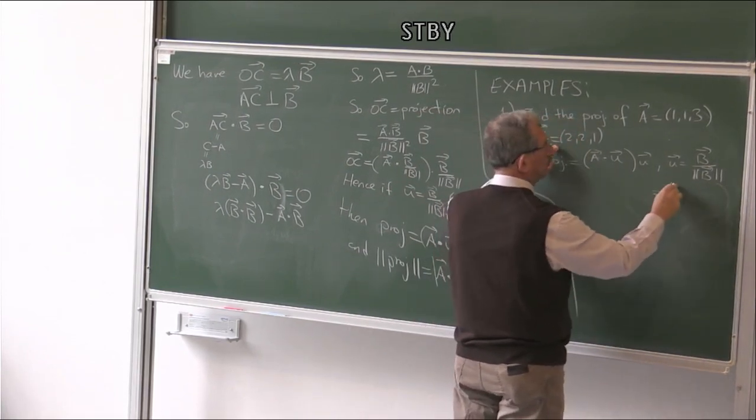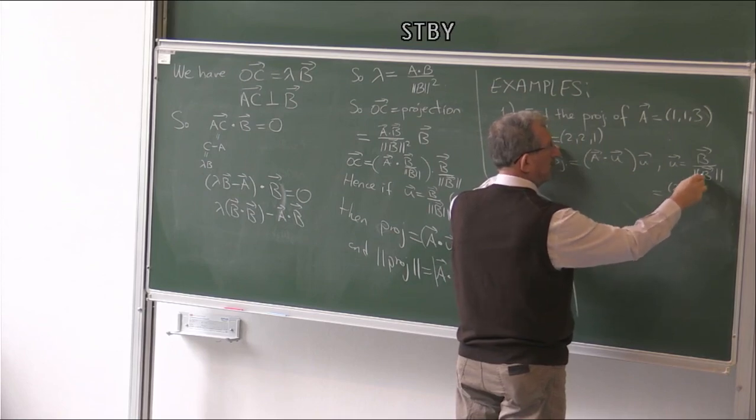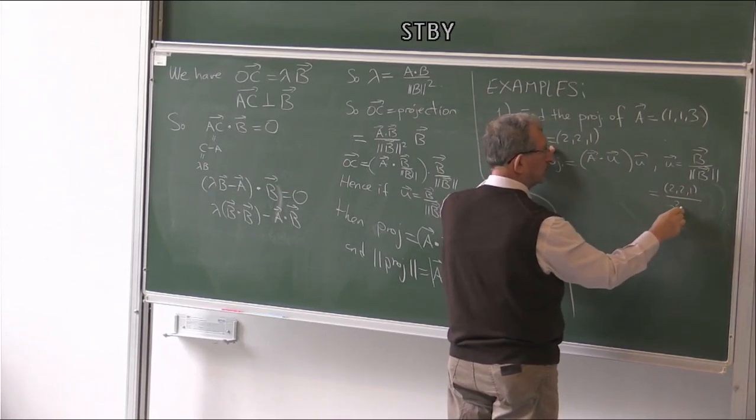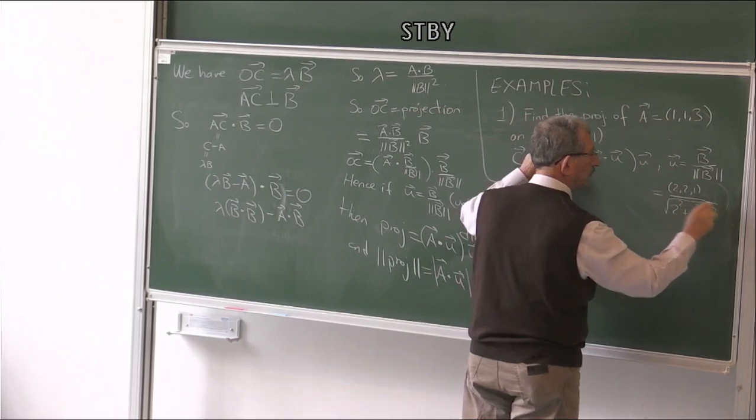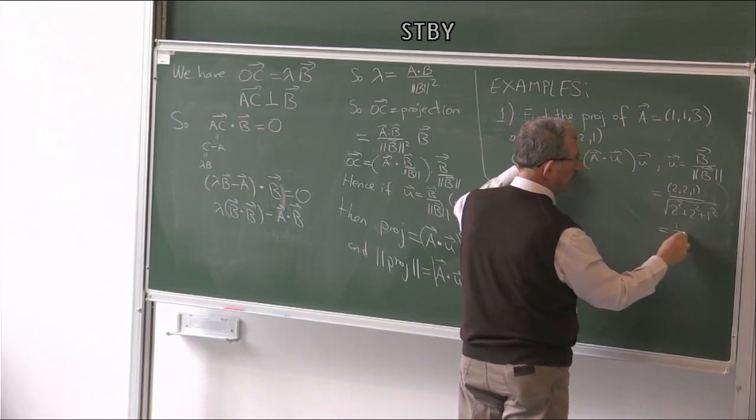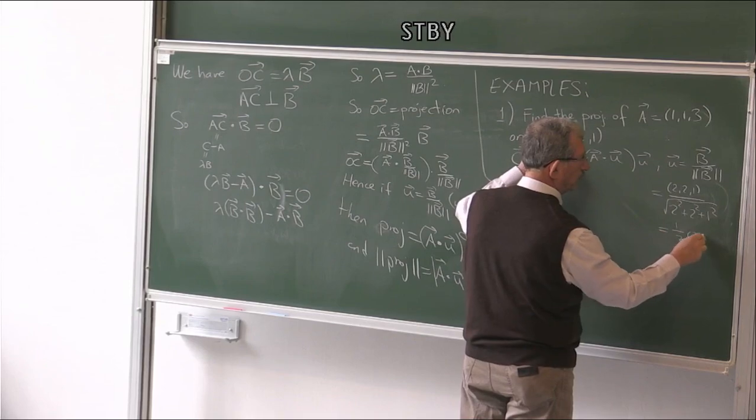B is 2, 2, 1. And length of B is 2 square, 2 square, and 1 square under the root. So U is 1 over 3 times 2, 2, 1.